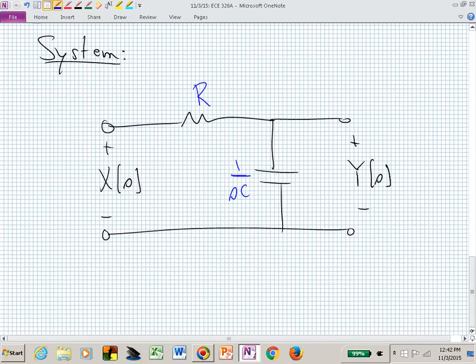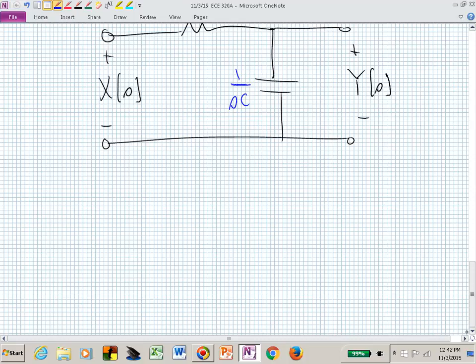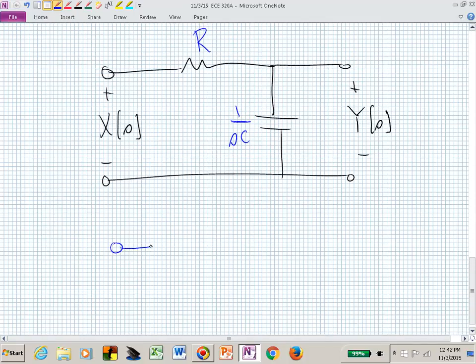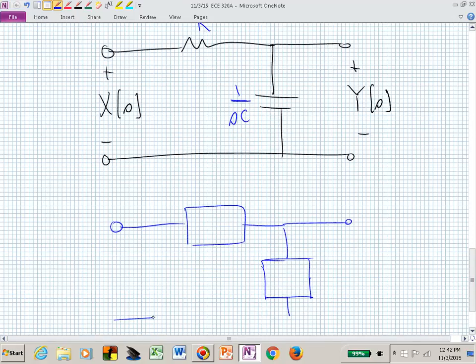But now what I want you to do when you see something like this, I want you to start to think, oh, this is just some impedance and another impedance. Let's say this is now Z sub 1 of S, and this is Z sub 2 of S.